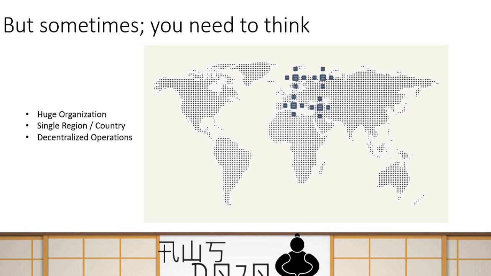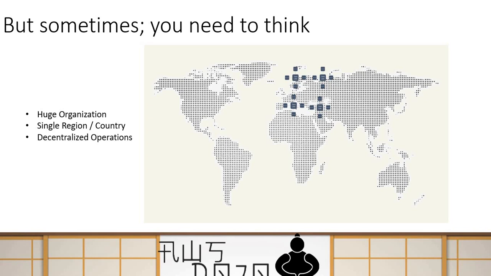Though it is not a multi-region or multi-country organization, the organization is so big and the departments are so decentralized that you need more than one data lake to serve the purpose. So these are the cases where you have to think a bit. Otherwise, it becomes very clear whether you want to go for centralized or decentralized. It's primarily driven by whether your operation is centralized or decentralized.